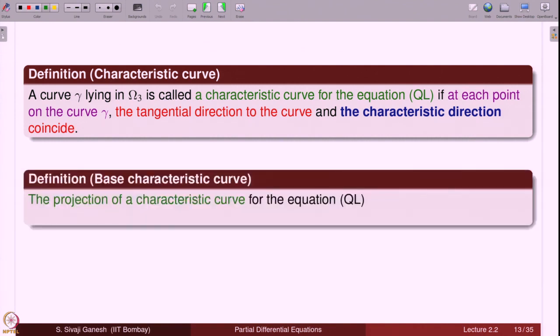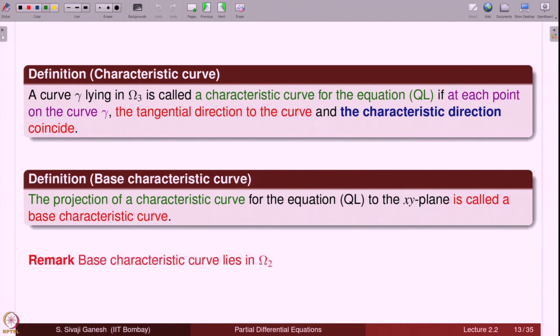That is called a characteristic curve. Now, if you project the characteristic curve gamma, which is in omega 3, to the xy plane, that will be called a base characteristic curve. So the base characteristic curve lies in omega 2, which is the projection of omega 3 to the xy plane. The characteristic curve lies in omega 3.